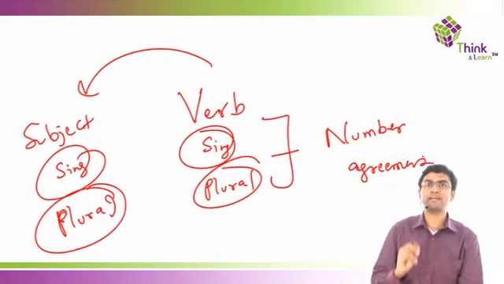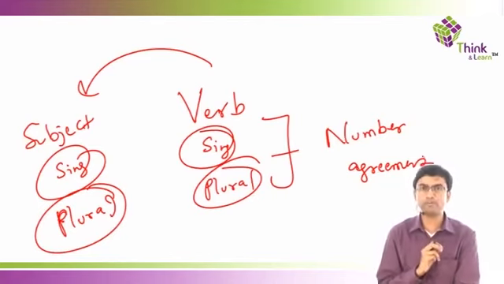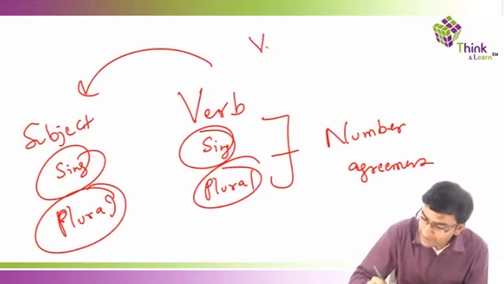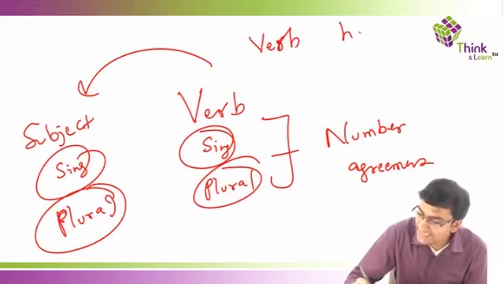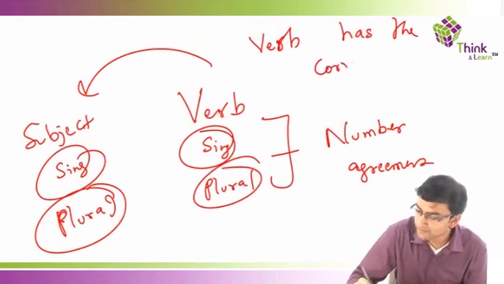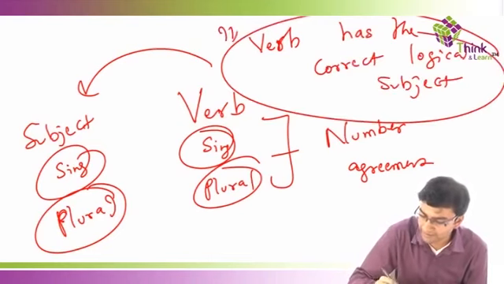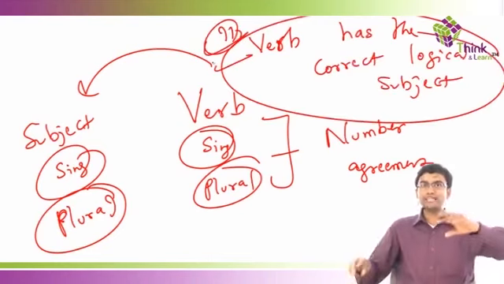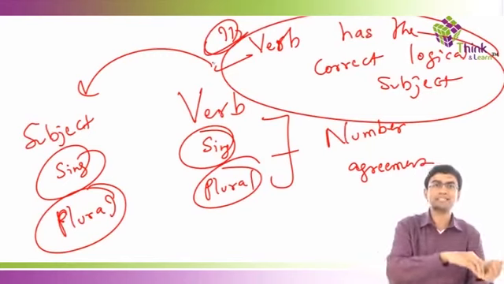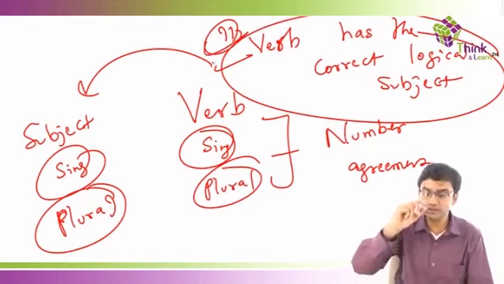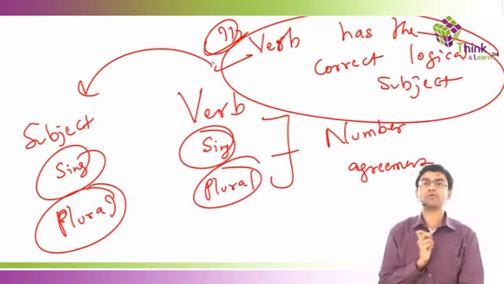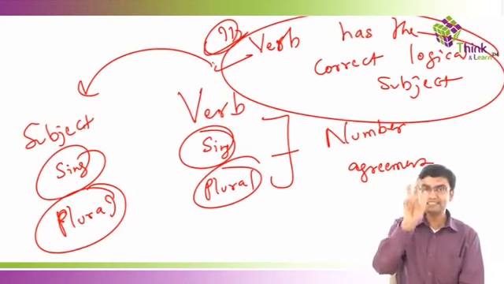But the second type of error which you will check, which is very, very important, is whether the verb has the correct logical subject or not. That is something which you will always check. So one is you check whether subject is singular, verb is singular, subject is plural, verb is plural. But the other thing you will immediately check is whether the subject is the right subject for that verb.